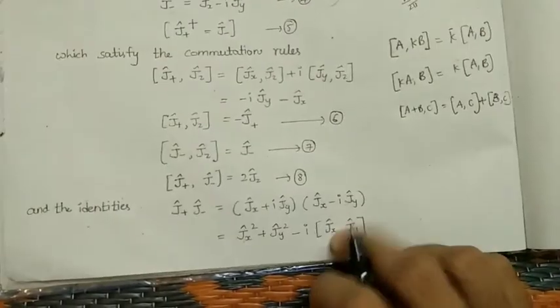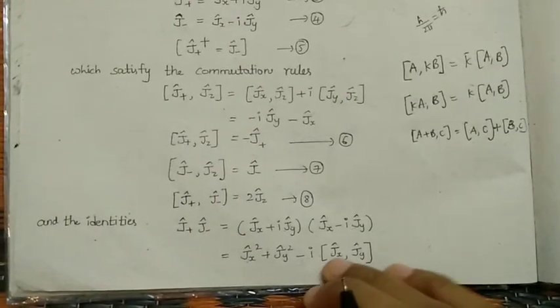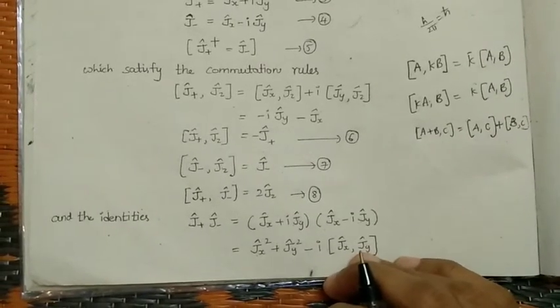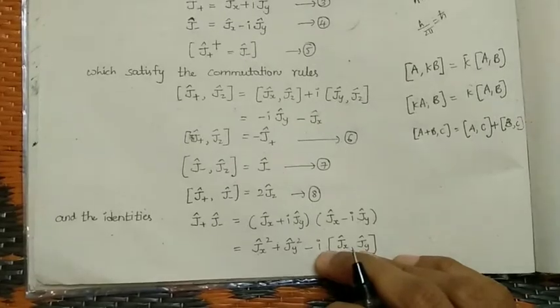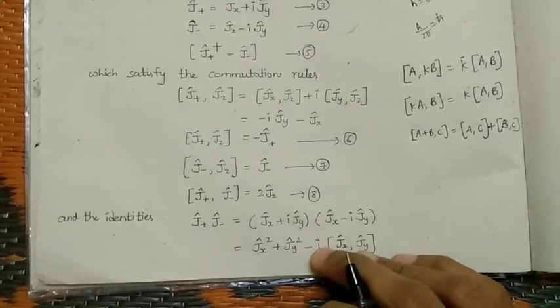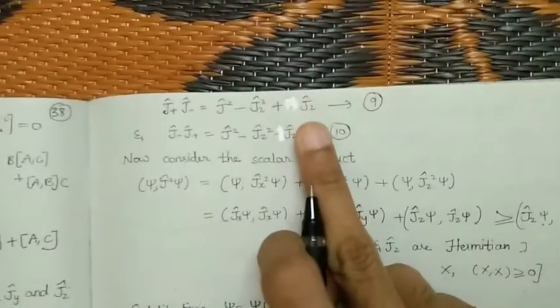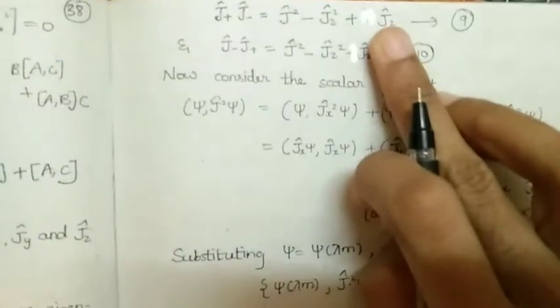Again we know that the commutation of Jx comma Jy is iħ Jz, and ħ is taken as 1. So i into i is i square, minus 1, minus into minus gives plus Jz we would have.